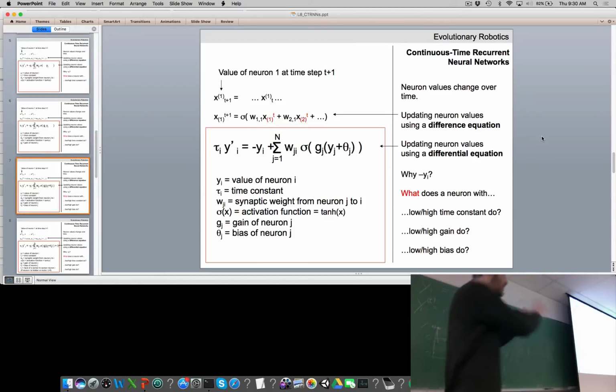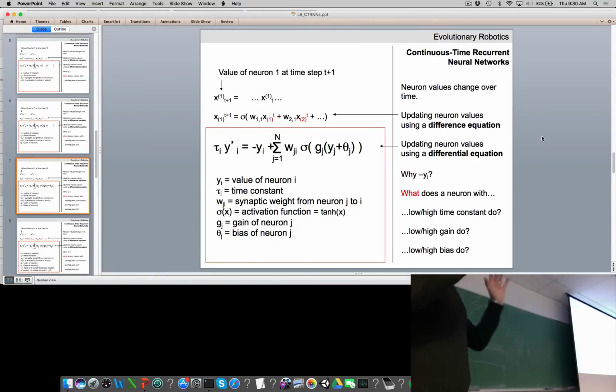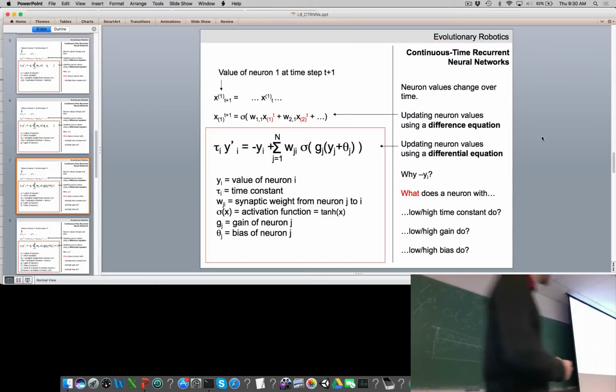So I was telling you at the beginning of this lecture that biological neurons are kind of lazy. If nothing else is going on, they will decay to some default value. Different neurons in your brain have different default values. That's what the bias term here is trying to capture. It's going to allow, again, evolution to set different biases for different neurons so that they decay to different values.